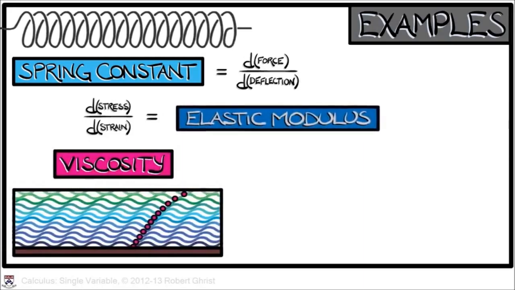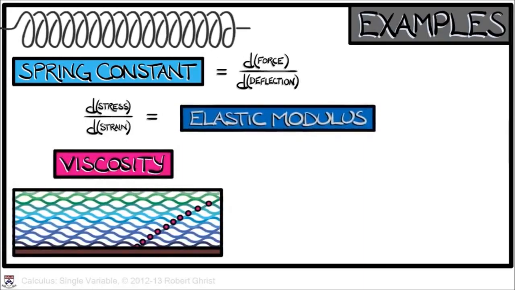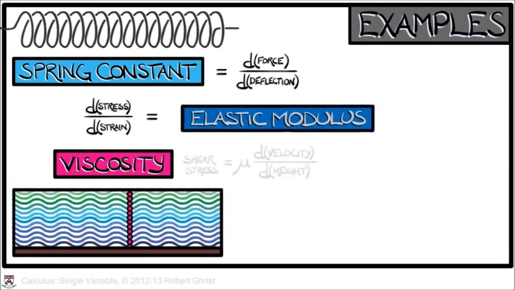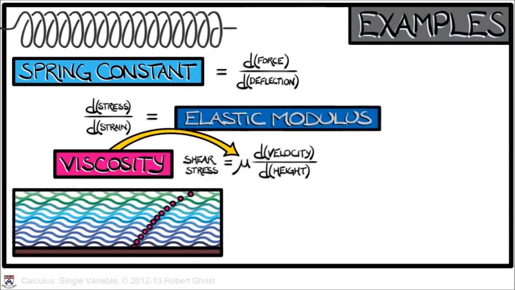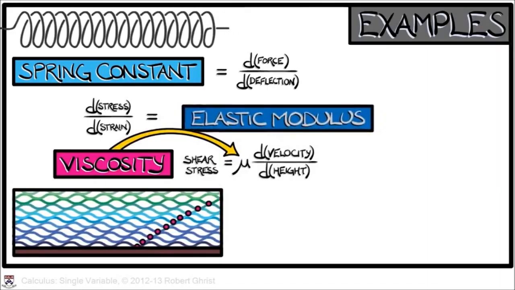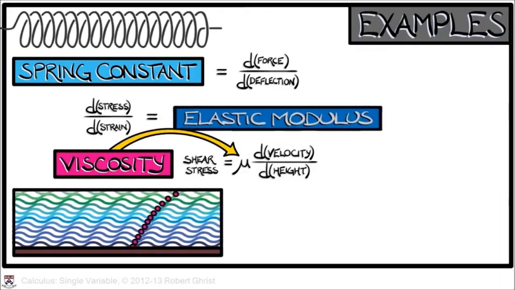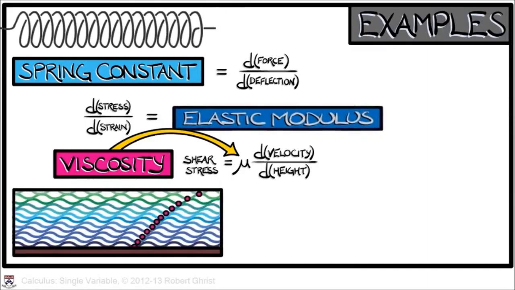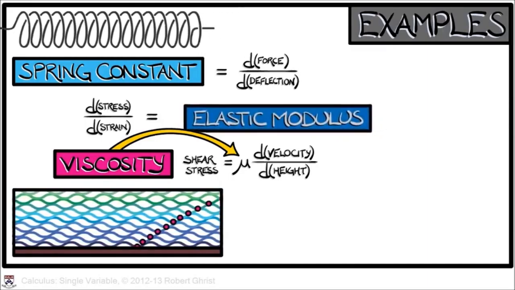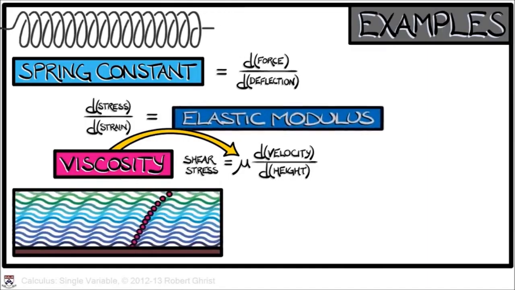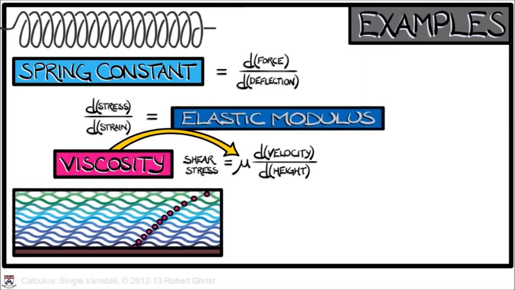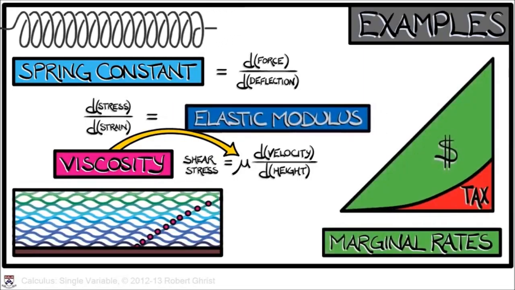If you want to know what viscosity is, or how slippery a fluid is, well, this is defined in terms of quantities like shear stress and the rate of change of the velocity of a sliding fluid with respect to height. And finally, economics consists of all manner of interesting derivatives.